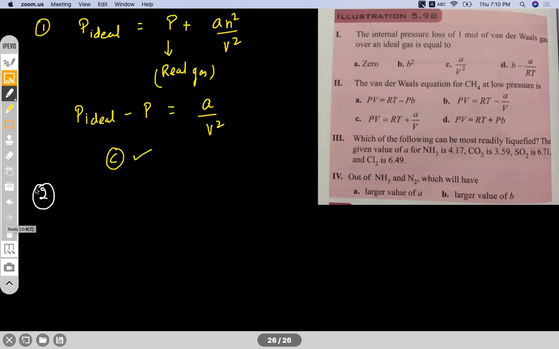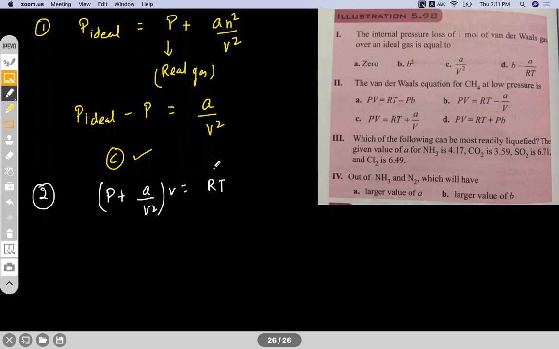Okay. The van der Waals equation for CH4 at low pressure. Low pressure means what? Just now we did: low pressure means volume is high, so Vm minus B we can equate to V. Nothing you have to memorize: P plus A by V square, into V, is equal to RT.